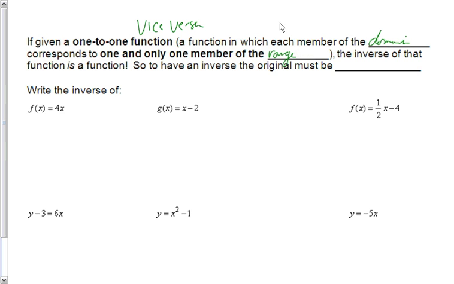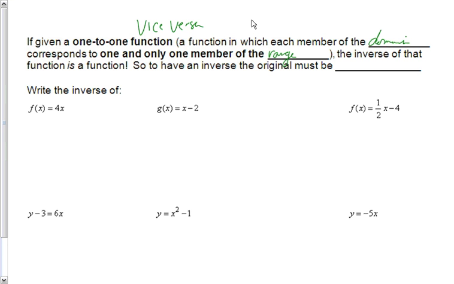That is, every member of the range has one and only one member of the domain. So, think about it. To be a function, every domain has to have one range. That was the vertical line test. If for every range you're going to have only one domain, that's actually the horizontal line test. To be a one-to-one function, you must pass both the vertical and horizontal line test.